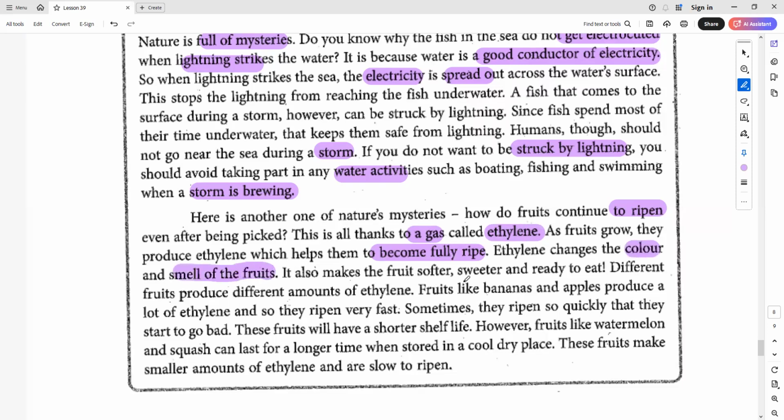It also makes the fruit softer, sweeter, and ready to eat. Different fruits produce different amounts of ethylene. Okay, we understand that different fruits will have different amounts of ethylene. First, like bananas and apples produce a lot of ethylene. So bananas, apples, they produce a lot of ethylene.